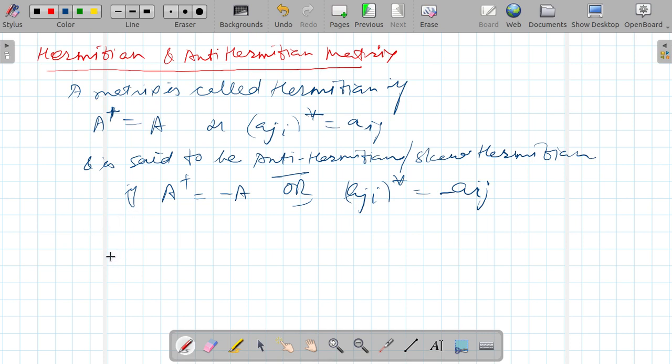And there is a very important property. What was that?